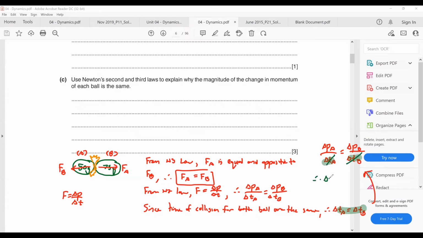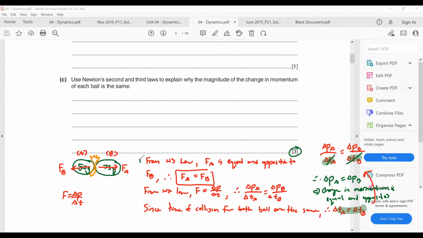Therefore, change in momentum A is equal to change in momentum B. You can say that the change in momentum is equal and opposite.